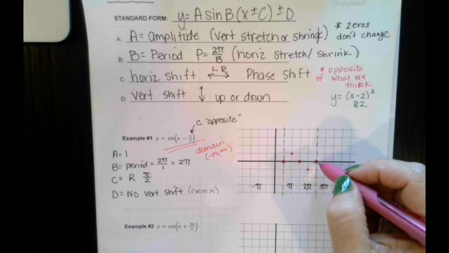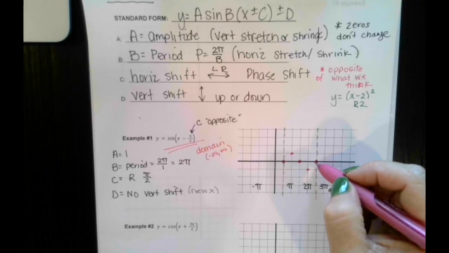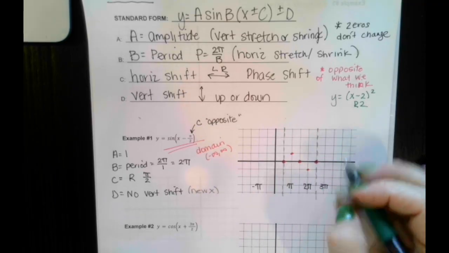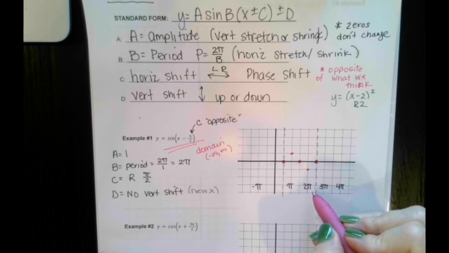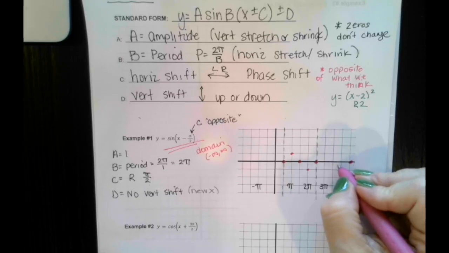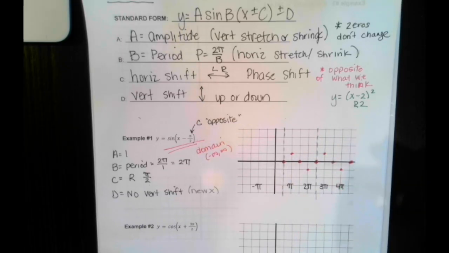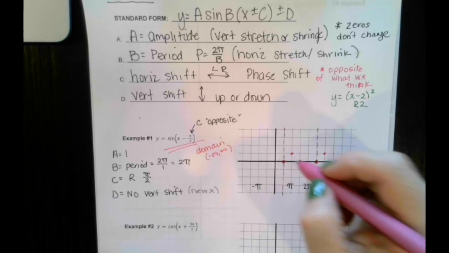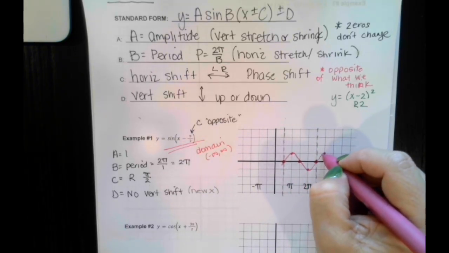If this graph right here is one period, then I get to start over again. This is 3 pi and this is 4 pi. So this is my end. 1, 2, here's my new end, here's my middle, and I go up one and down one because my amplitude is 1. So what really happens in this graph is I'm going to have something that looks like this.